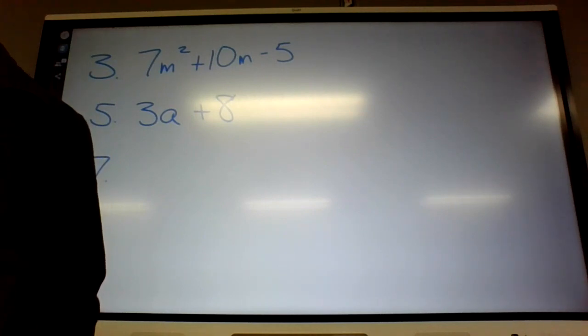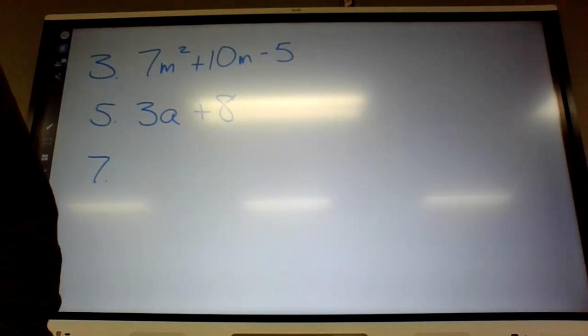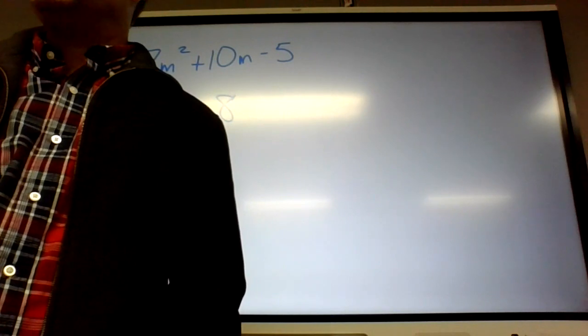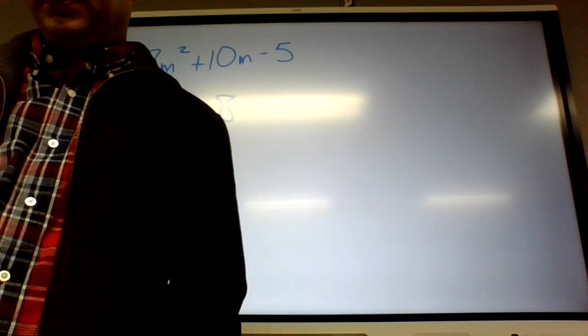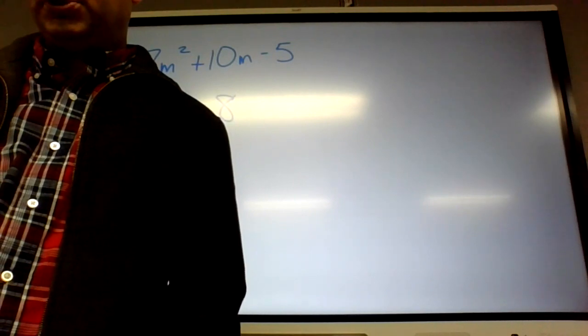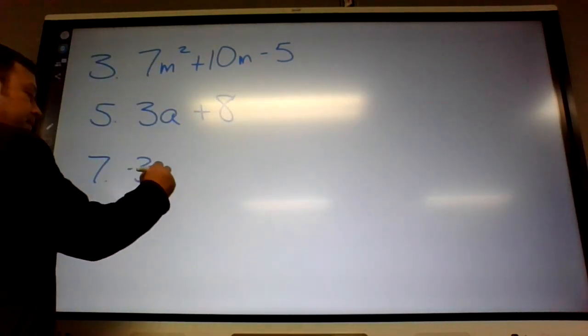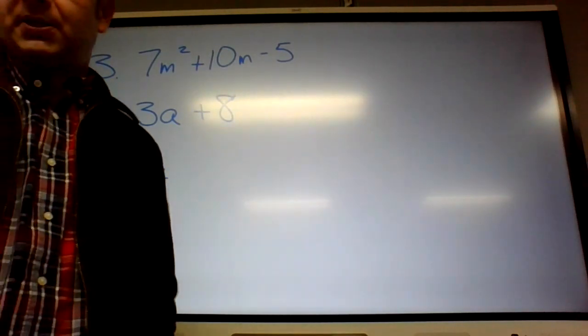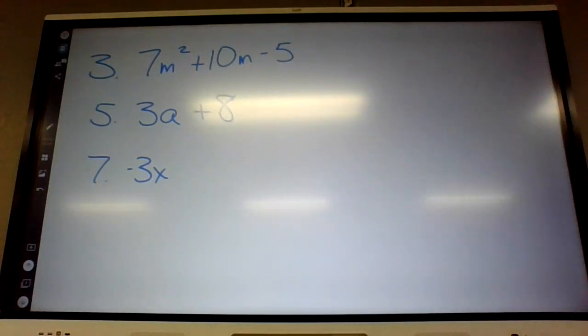All right, number 7. Same thing. What do you think? So it'd be negative 3x plus 10y. Yes, it's actually 2y minus negative 8y, so it's 2y plus 8y, which is 10y.